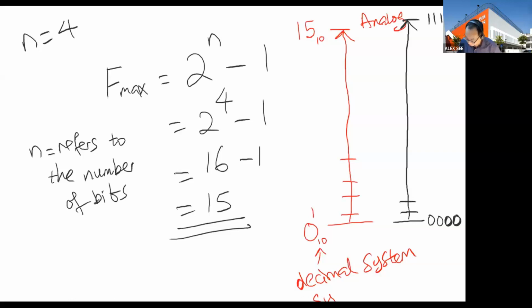Do you all see what I'm trying to do? I'm trying to do a mapping. This one is analog, the other one is digital. The one on the right-hand side, written in black, is a digital scale. The one in red is an analog scale. So it's a one-to-one mapping.